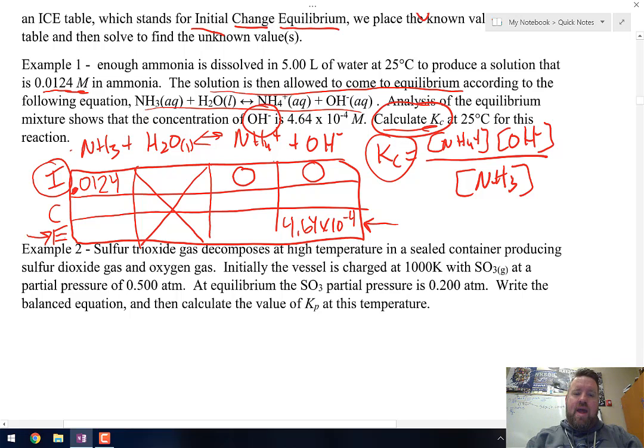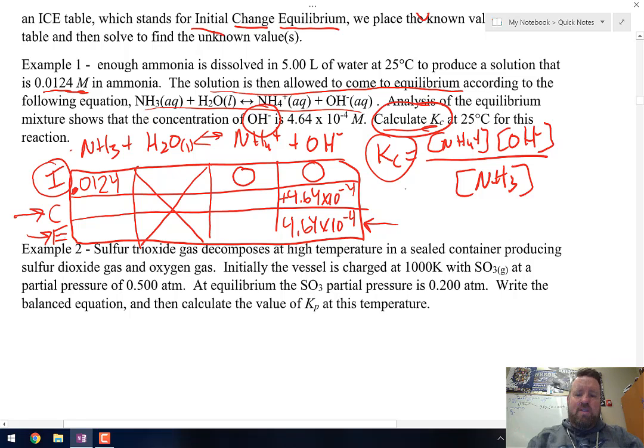Okay, and now I can go, oh, wait a minute. If initially I had no OH minus and now I have 4.64 times 10 to the minus fourth, that means that the OH minus, again, this is the change here, went up by 4.64 times 10 to the minus fourth.